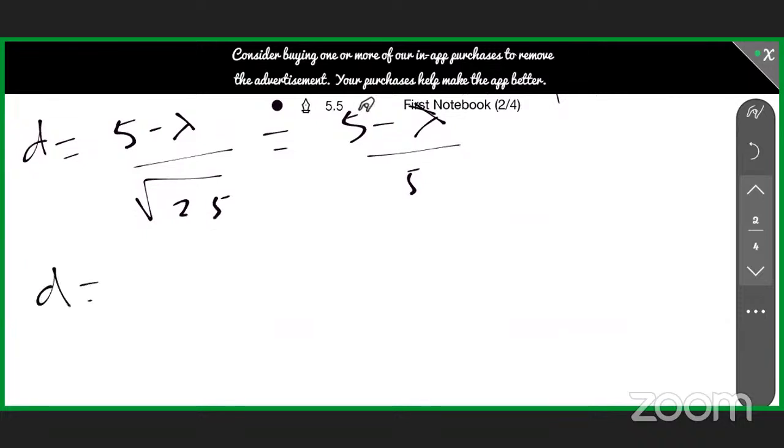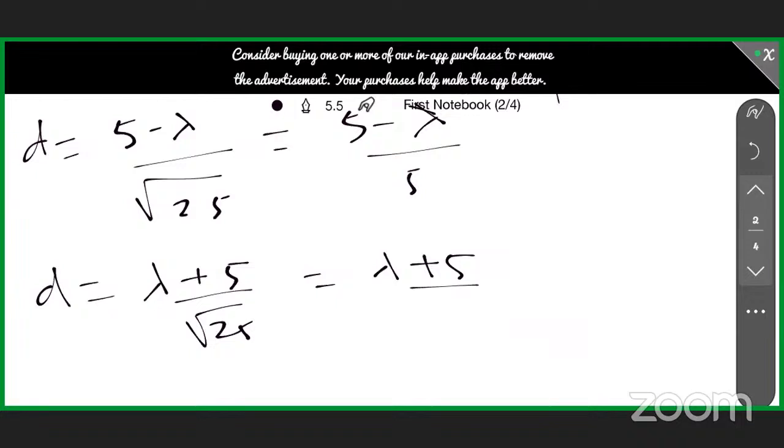Now the same thing for the other line. That will be lambda plus 5 divided by root 25, which is lambda plus 5 by 5.